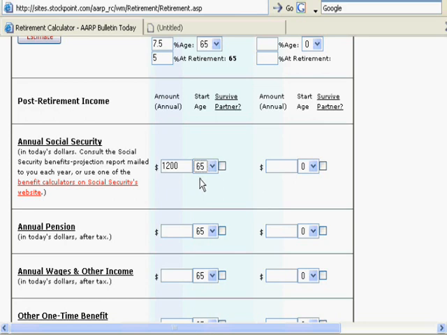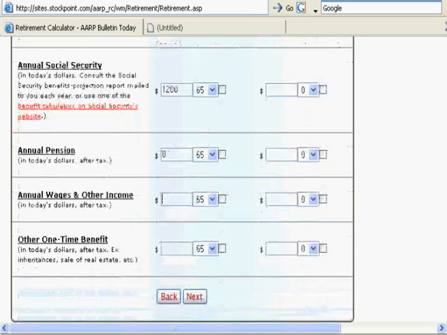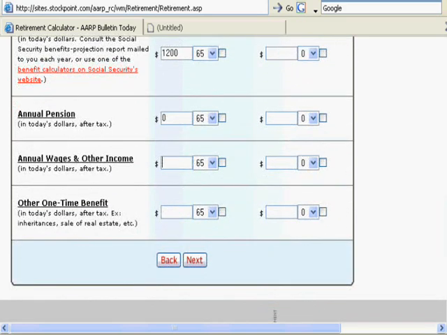If you have a pension, how much you make, how much you expect to make at 65, are you going to keep working? Any other benefits that you expect?